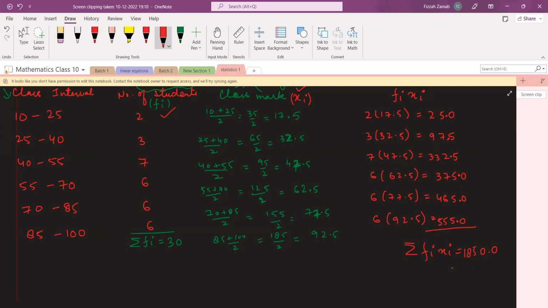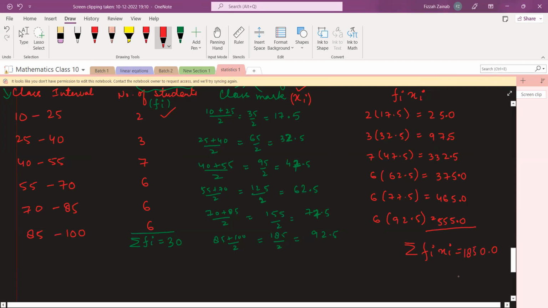So I'm getting 1850. That you can check. 1850 or 60 I should get.